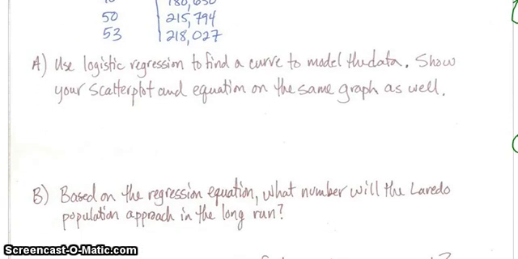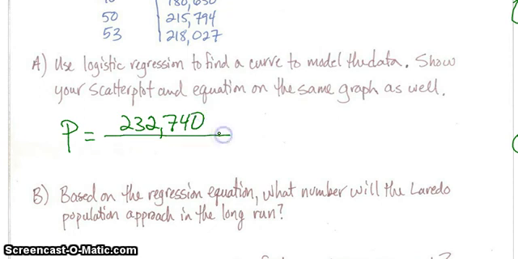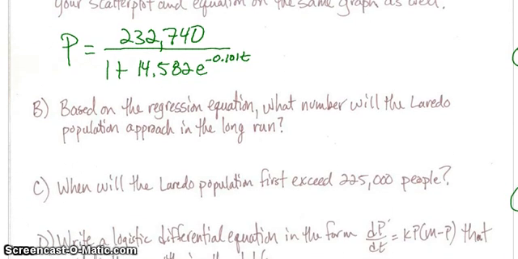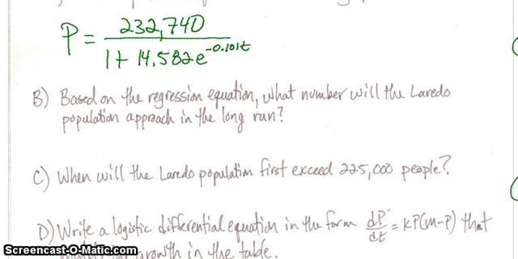So we have our population equation now. Boom. Then it says for part B, based on the equation, what number will the Laredo population approach in the long run?